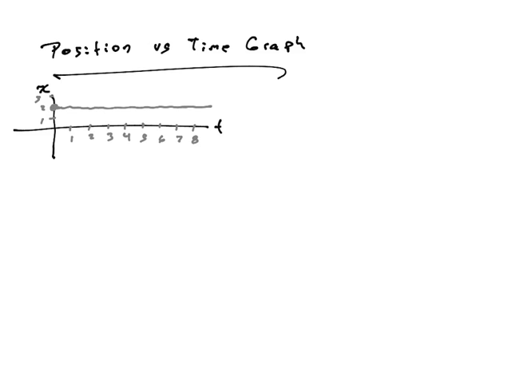So that's right here. Then, after 1 second, I'm still at the 2 meter mark. That tells me I didn't move in that 1 second of time. I stayed at my position. I wait another second, so now I'm at the 2 second mark, and I'm still at the 2 meter mark. In fact, no matter what time I look at on this graph, I'm always at the 2 meter mark.